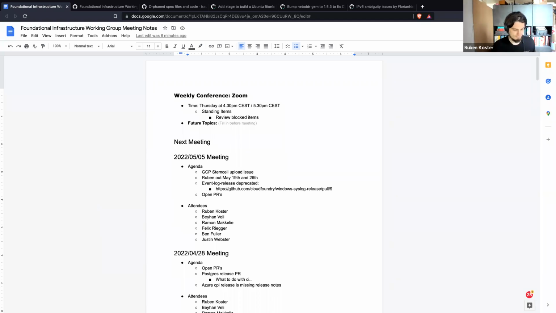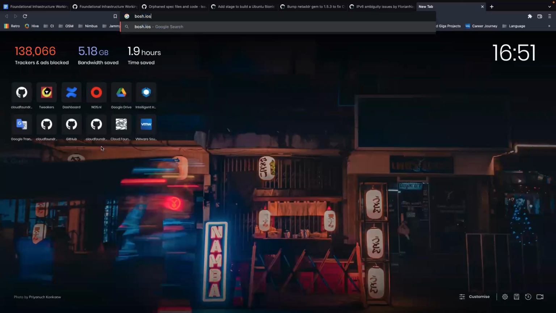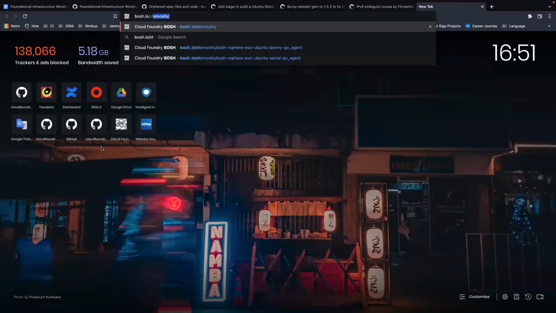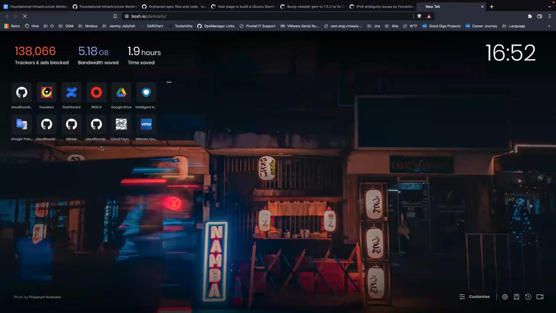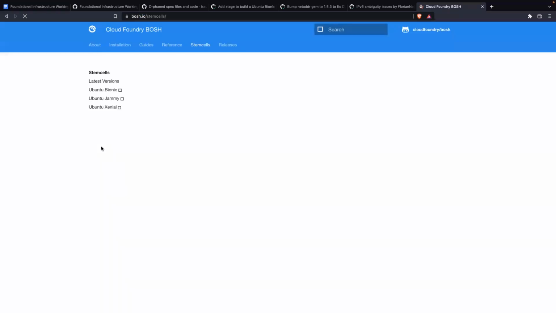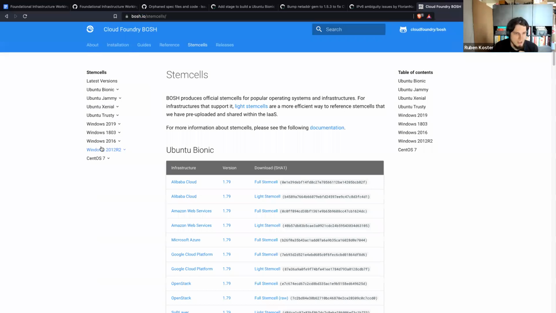Is there any update on when Jammy is going to become GA? We have a beta now, right? Any word on when? The GA will take some time, because GA will be once we have confidence that all the upstream things like CF deployment work on it.